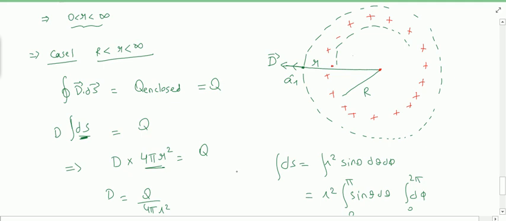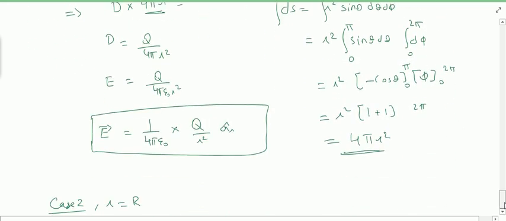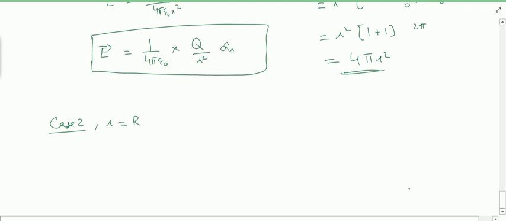So it will be something like this. So this is my new Gaussian surface for case 2, where small r becomes capital R. So now we will apply the Gauss law.